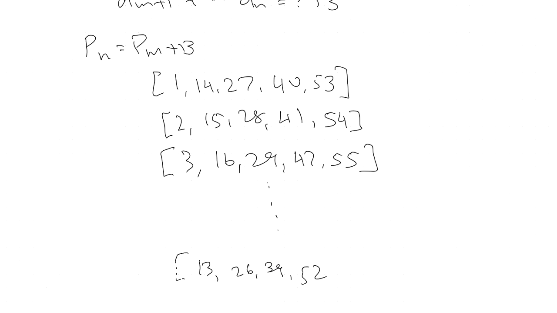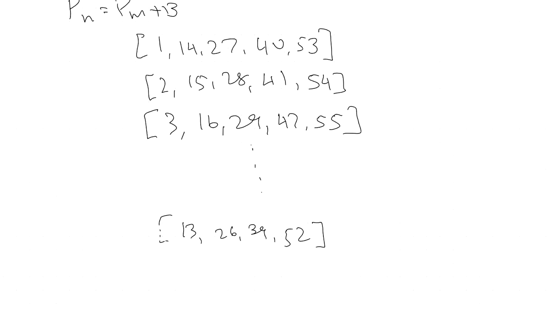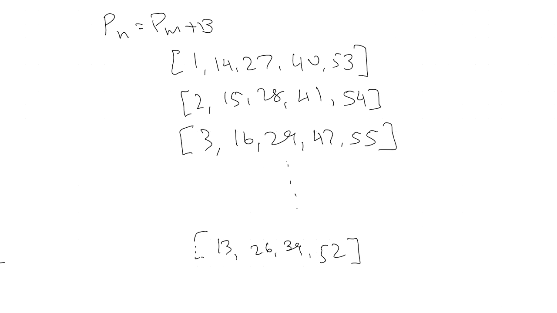is one such example. So after this, if we want to guarantee that P of M does not exist, with P of N equals P of N plus 13, we can now easily see that in any such group there cannot be two P's that are consecutive, like 1 and 14, or like 28 and 41.